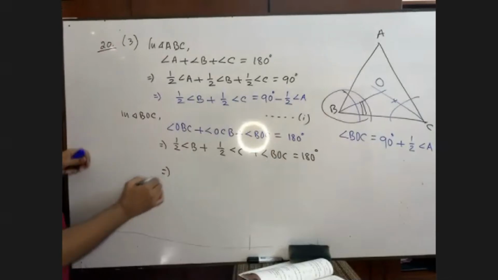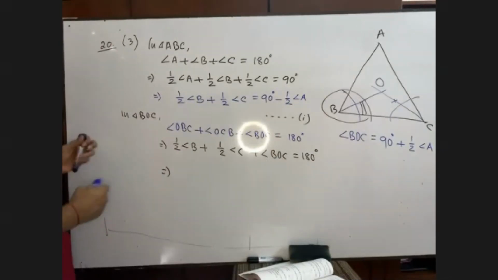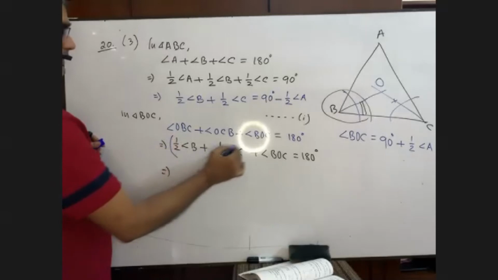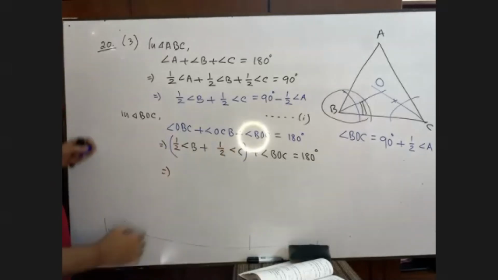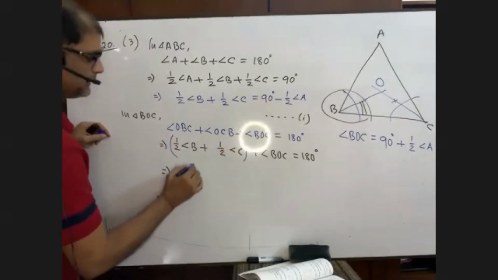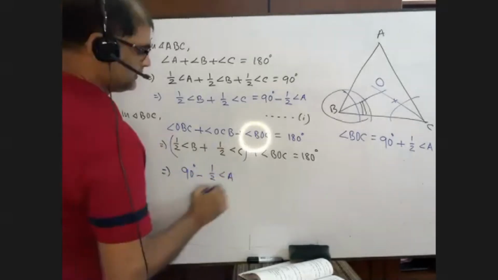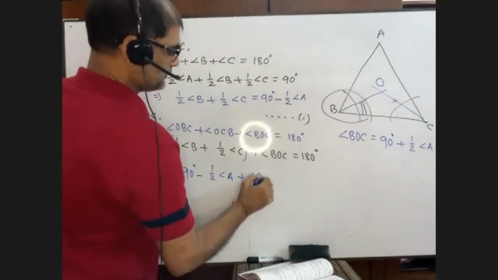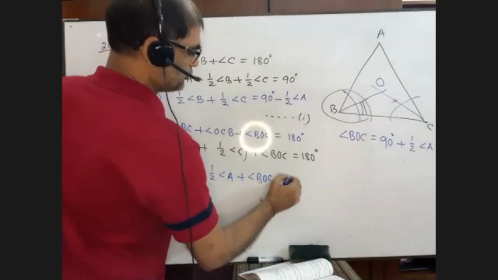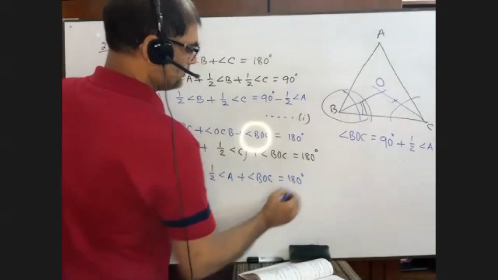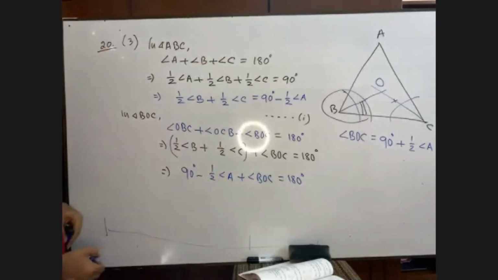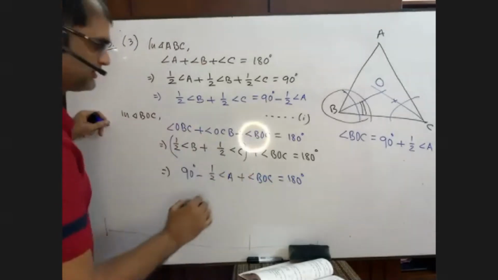Now, in equation 1, what is the value of this? 90 degree minus half of angle A. Half of angle A plus BOC equals 180 degree. Now we can take all to the right side.